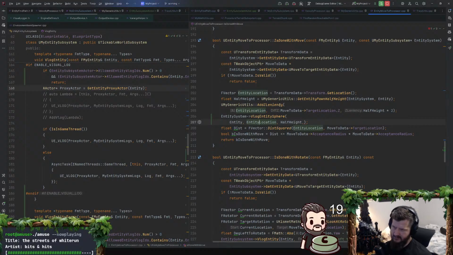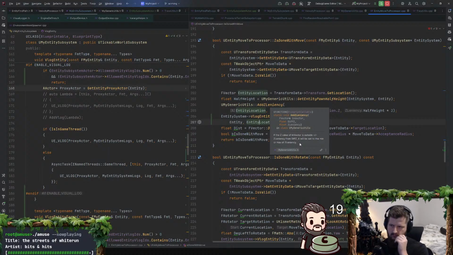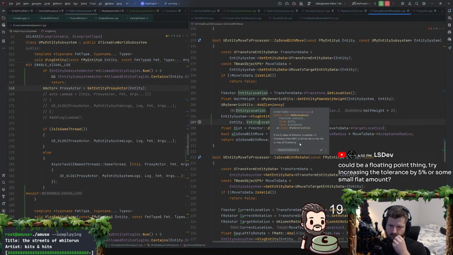I think this function just isn't... We set the Z, right? It will be set to the min or max if it's outside. And it's not a floating point issue.